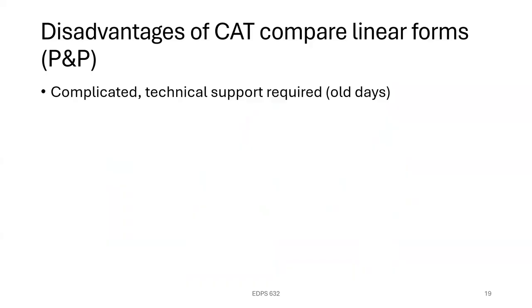Are there any disadvantages of CAT compared with the linear form? Yes, it's so complicated. You have to learn measurement theory. You need to learn programming. You need to deal with constraints to prevent cheating, all kinds of things. However, that's the reason we need to have this class, to get to know how we can overcome this difficult work.